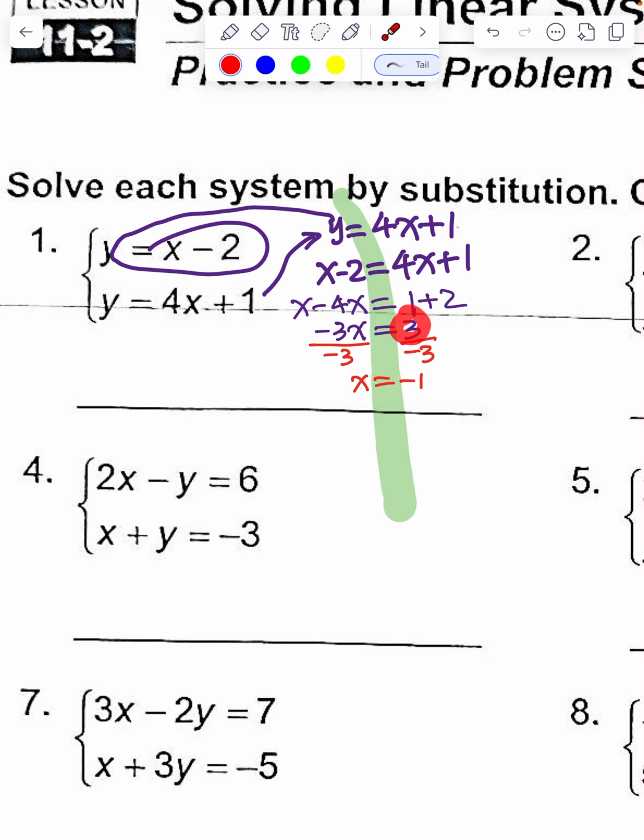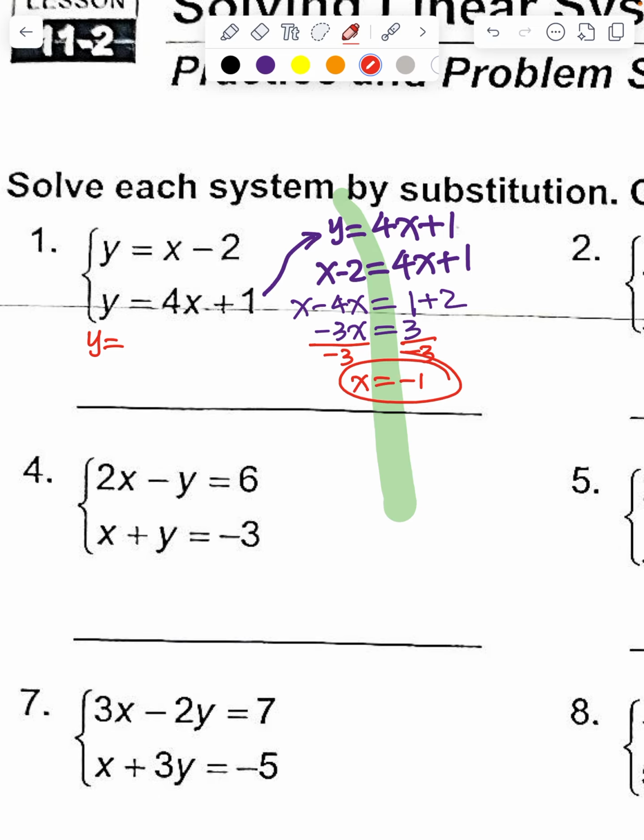3 divided by negative 3: 3 divided by 3 is 1, and a positive number divided by a negative number is negative. So x equals negative 1. Now we have solved x. Now we can use any equation to solve for y, by replacing x with negative 1.